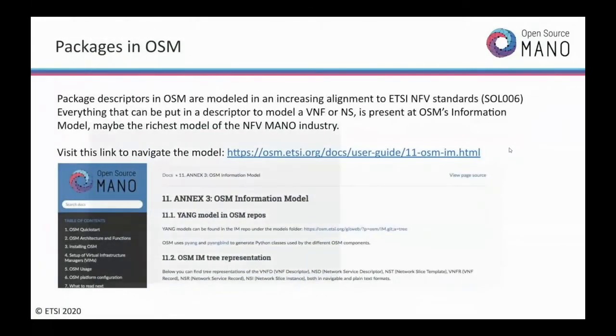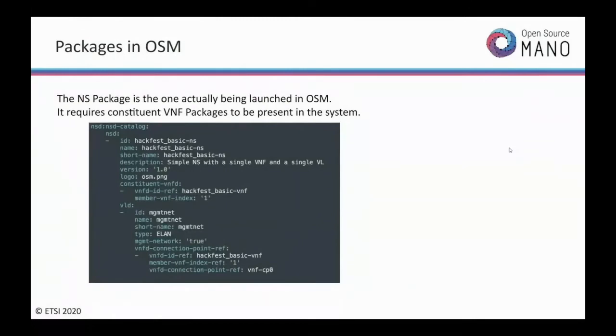At the end, we have the network service package, which, as I said before, is the one actually being launched as an instance in OSM. So the instance is the network service. And when you launch a network service, you're launching a set of VNFs or a single VNF, depending on what you want to achieve.